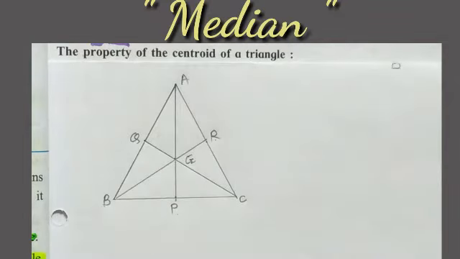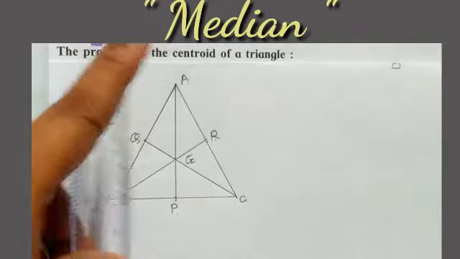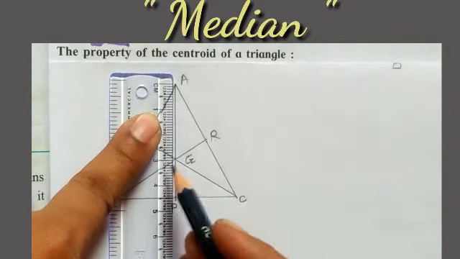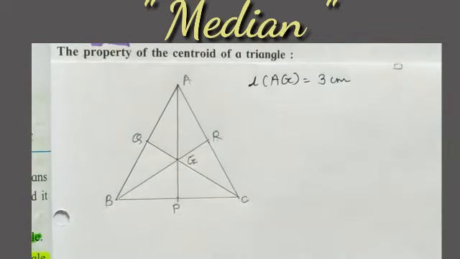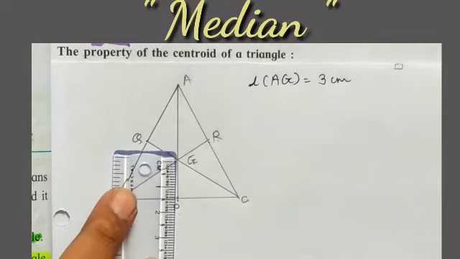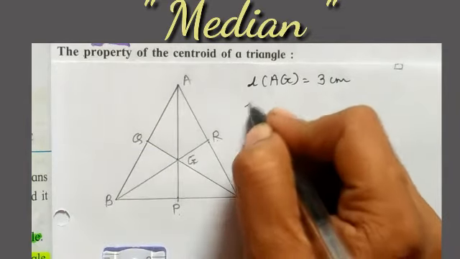Now students, what is our most important property? If we measure the length of AG, it is about 3 centimeter. The length of AG is 3 centimeter and the length of GP is 1.5.